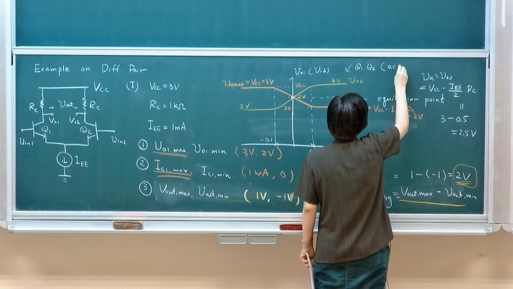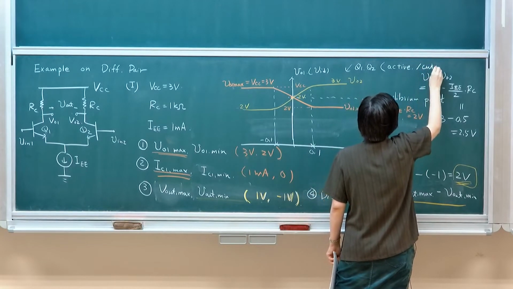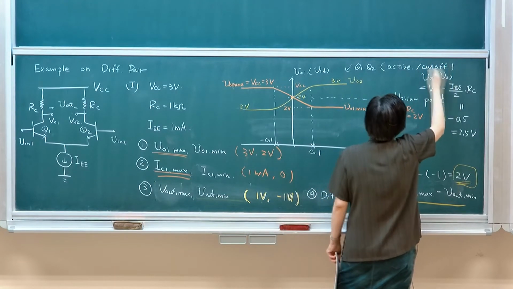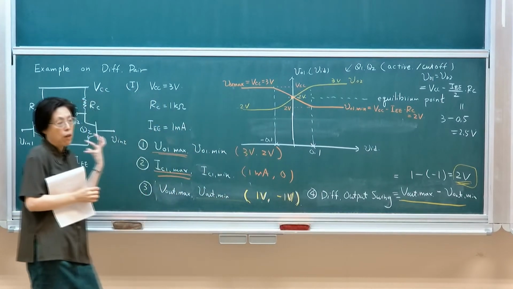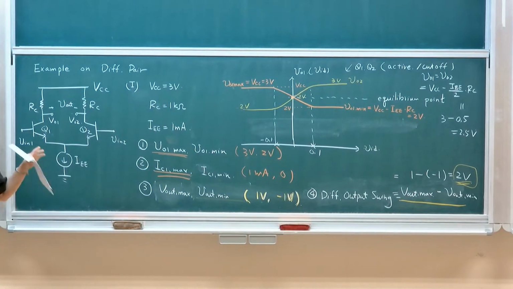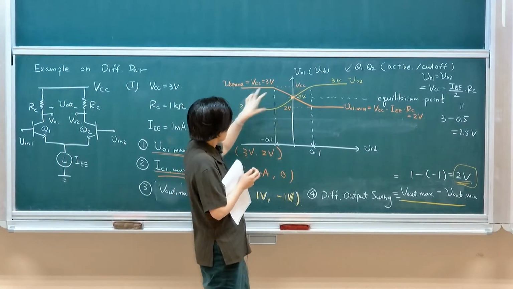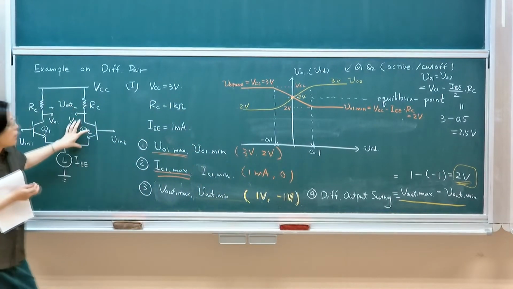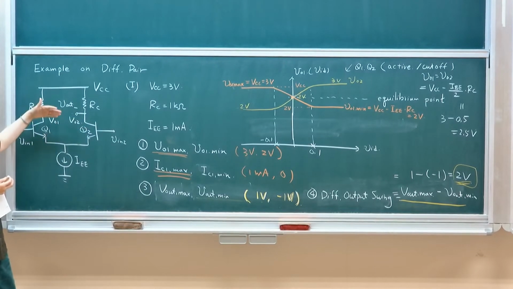One is active, and the other is cut off, because you can turn it off. The current just barely turns off. When it goes deeper, it's simply turned off. So it's either active or turned off, so you will remain in this linear region. Your transistors are operating in either active or cut off. Cut off is fine.